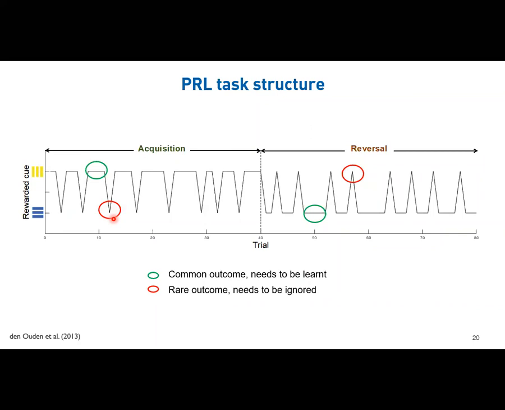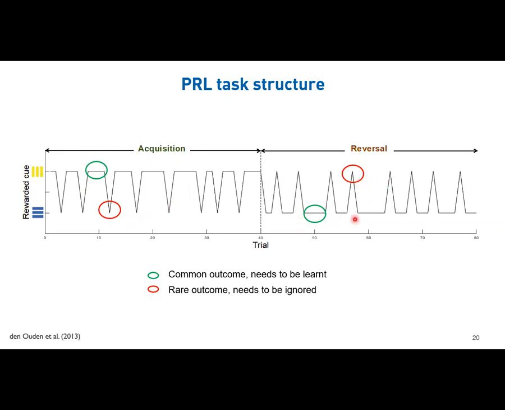This is not a signal. This is noise, due to randomness and the probabilistic nature. It is a rare outcome and doesn't give any information. It is not informative to be learned, so this has to be ignored, okay?